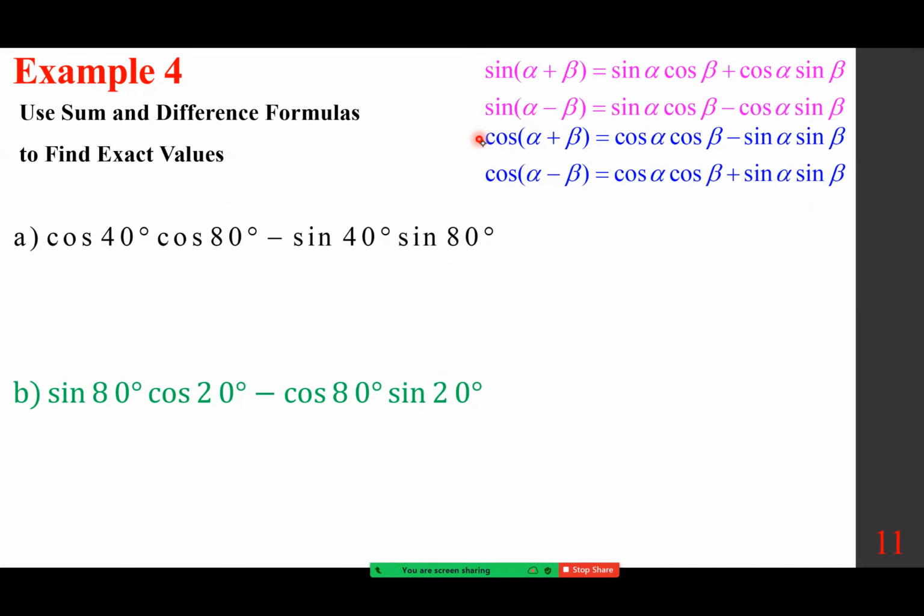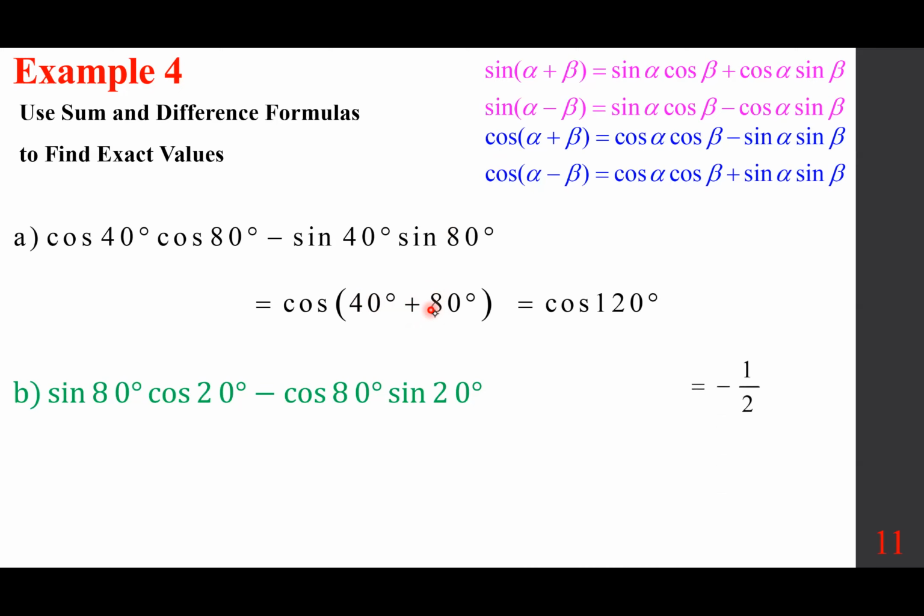Cosine of 40 plus 80, which is 120. Cosine of 120 is the same as cosine of 60, which is 1/2. In the second quadrant, cosine is negative, so negative 1/2.